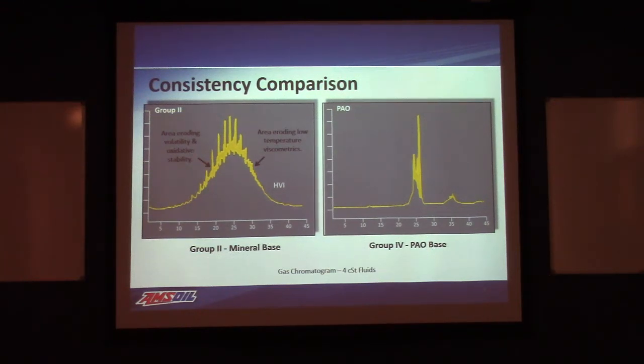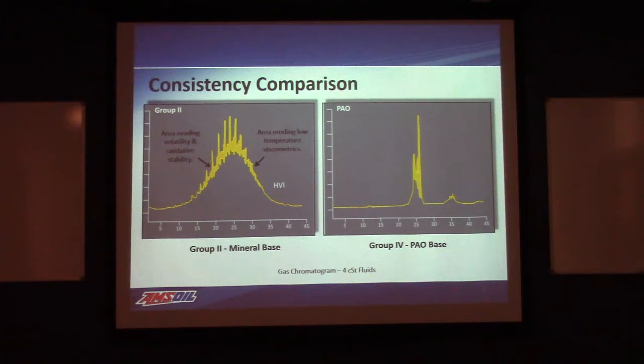If we go to the right-hand side, though, these are heavier fractions. What do these do? Well, they do a number of things. One, they hurt low temperature performance because they tend to thicken things up. Also, because of their thickness, they have a lot more internal resistance, and they tend not to be as fuel efficient. So here again, you don't want the stuff on the left or the right.